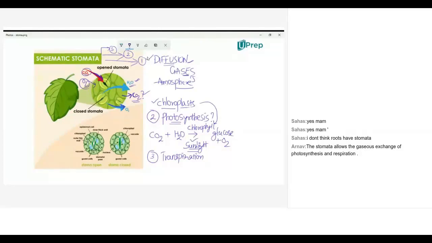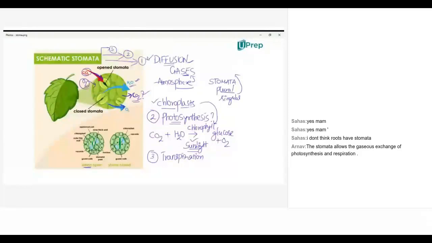Now when you take the stomata, stomata is a plural word. It's a plural. So what is singular? What is singular of stomata? Try. Stoma.